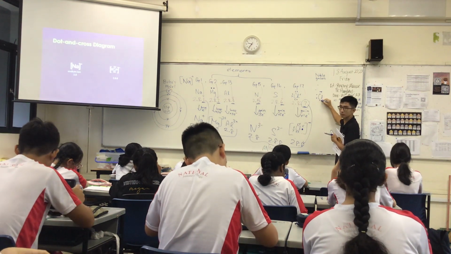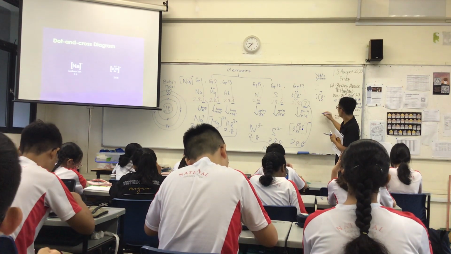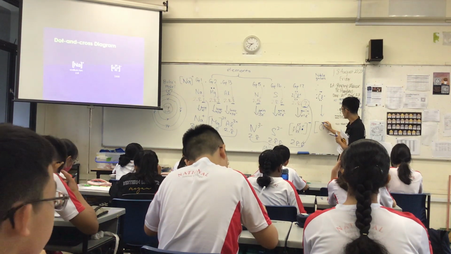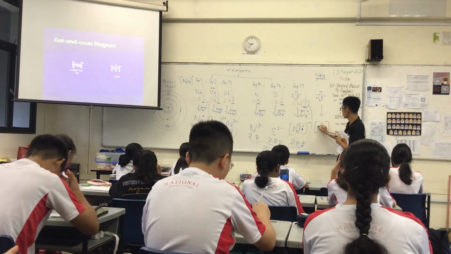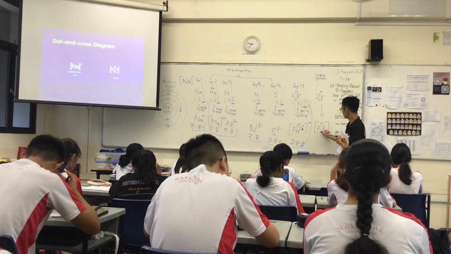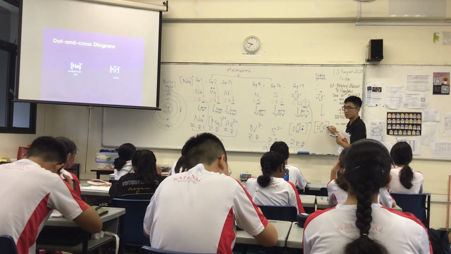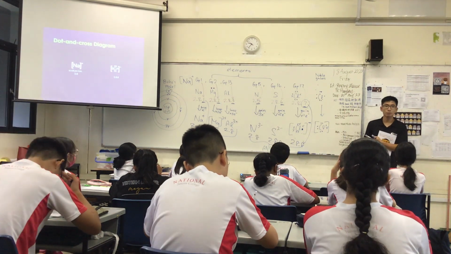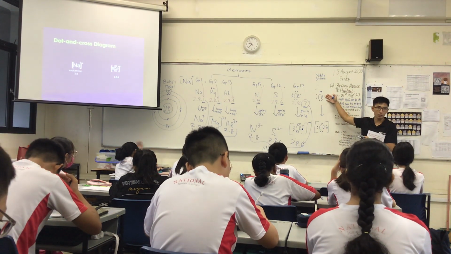Is that your question? Then after it becomes an ion, you're asking, can I instead now use the cross as the new gained electron? That's your question? So the answer is yes. It's a dot and cross diagram. Up to you whether you want to start off with dots or crosses.